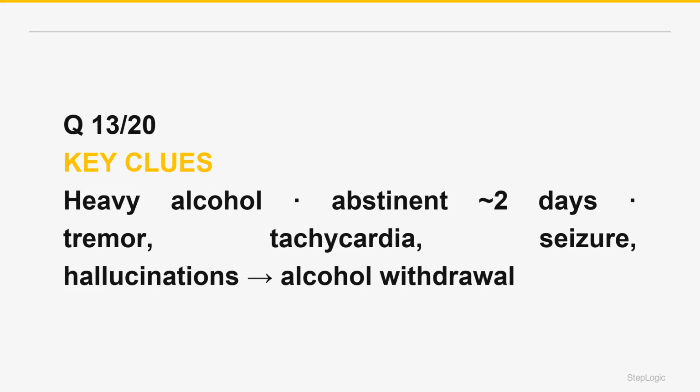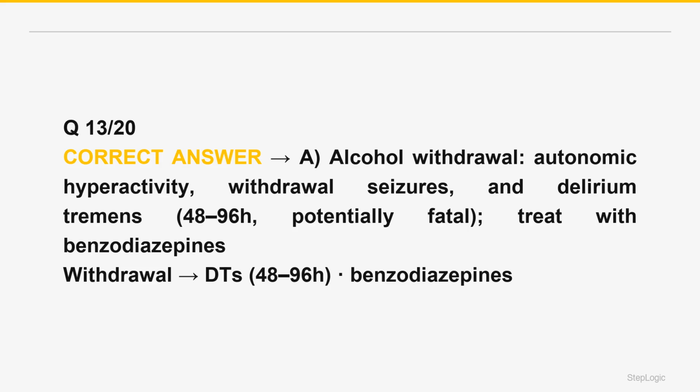When alcohol is suddenly stopped, the brain is left in a state of neuronal hyperexcitability. The syndrome evolves on a timeline: early, 6-24 hours, tremor, anxiety, and autonomic hyperactivity, tachycardia, hypertension, diaphoresis, nausea; withdrawal seizures, generalized tonic-clonic, around 12-48 hours; and alcoholic hallucinosis around 12-24 hours. The correct answer is A.